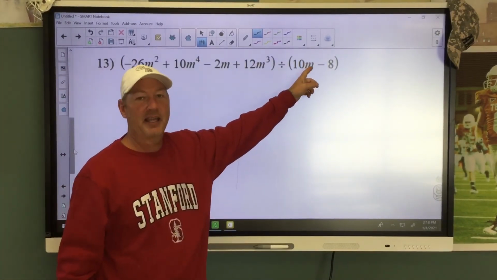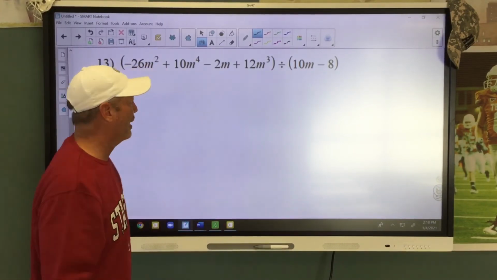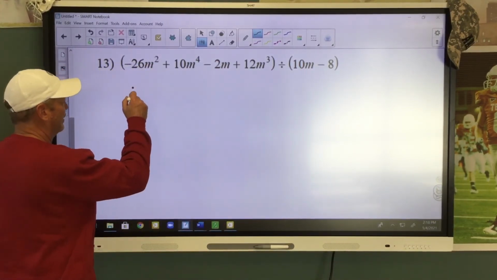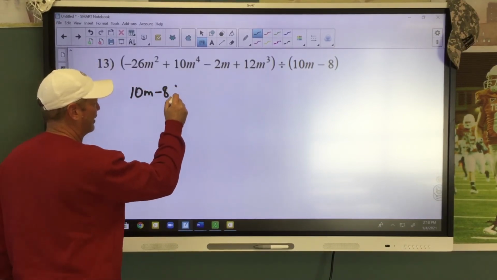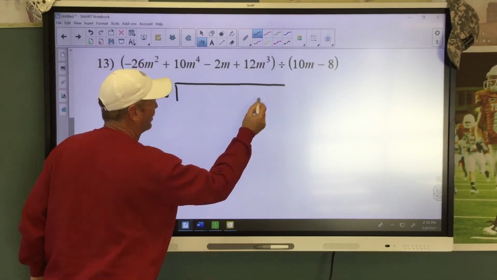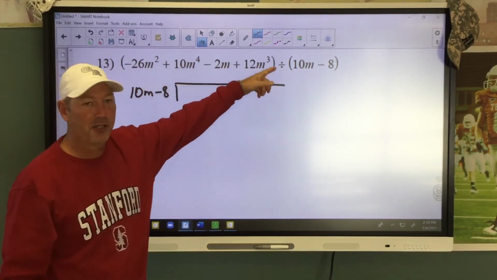This one has a coefficient in front. Same concept. You're going to see if they can match. All right? So we're going to say 10m minus 8 divided into, now we're scrambled. Look, our exponents are not in the right order.